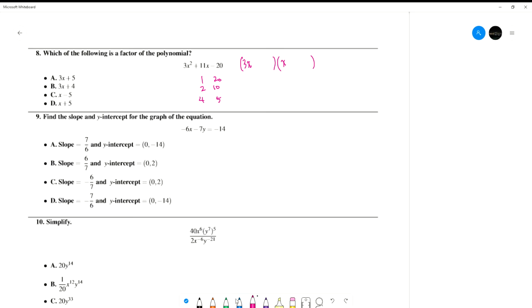And let's say I did 1 and 20, right? So I know that the outer plus the inner products have to add up to this positive 11x. So I see that this is 3x times 20 is 60x and 1x.